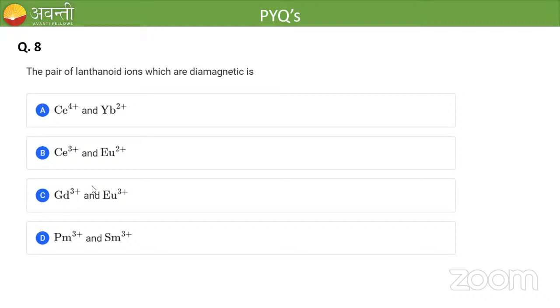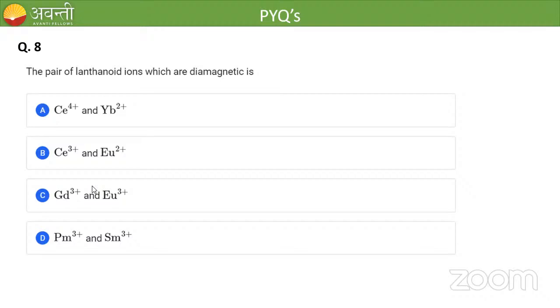What about others? Vaishnavi, can you give me those four ions? Which among the four lanthanide ions are diamagnetic in nature? Can you tell me those four ions?